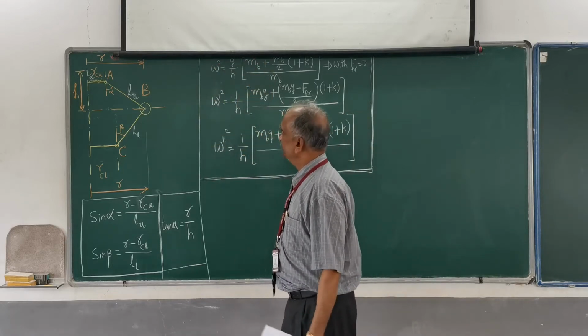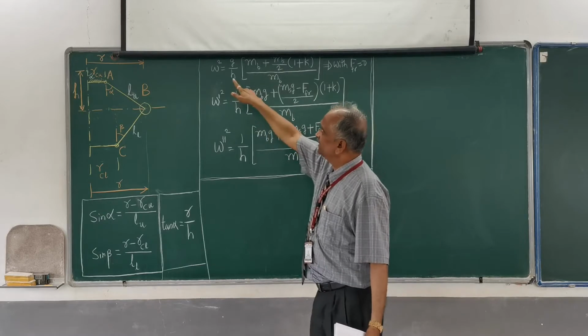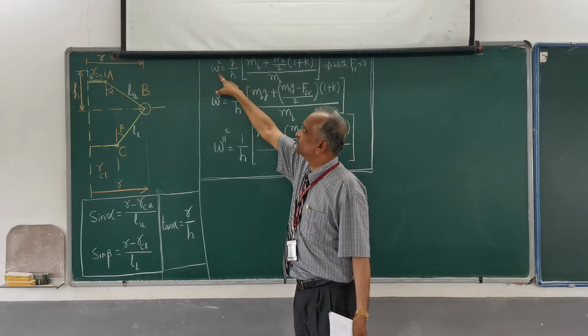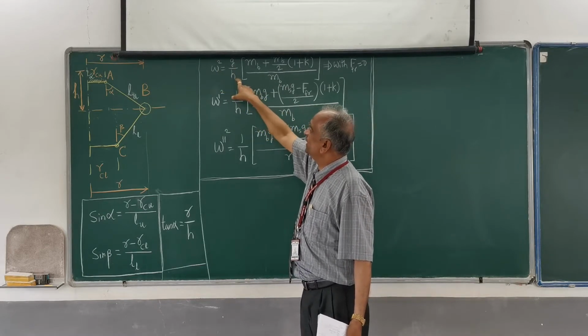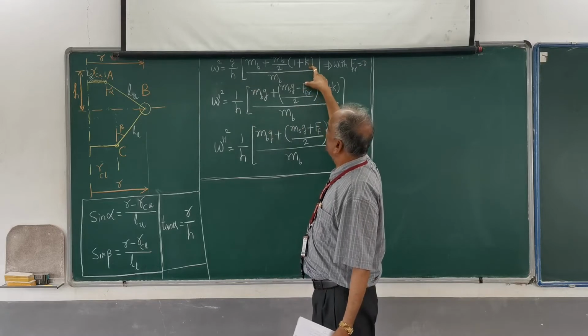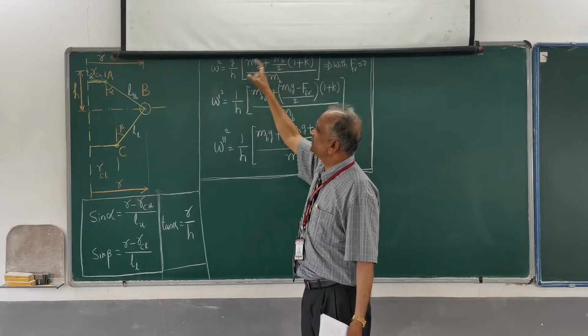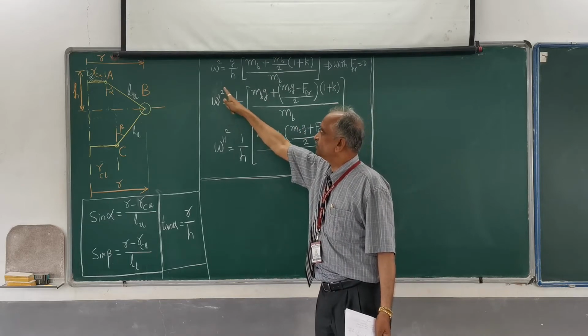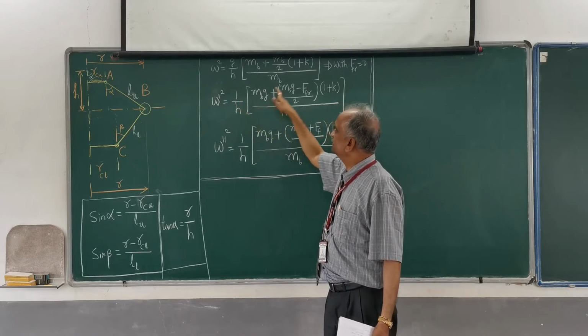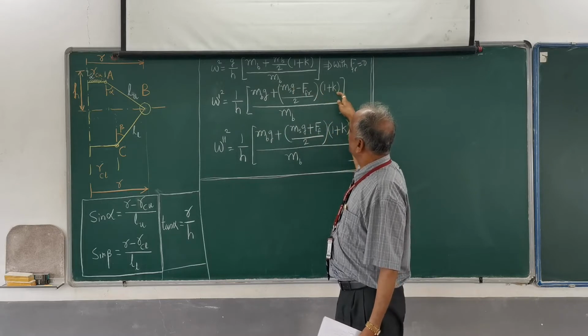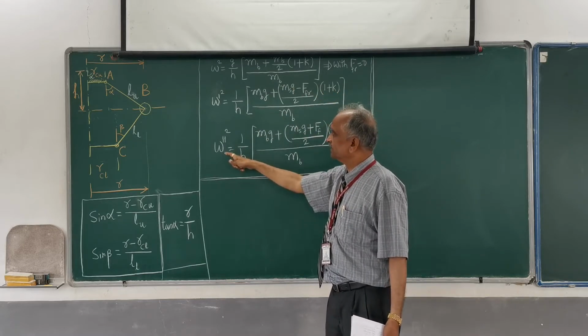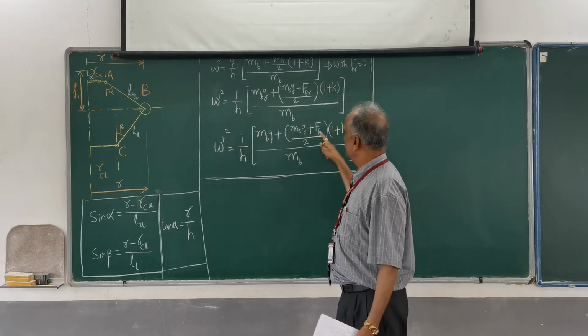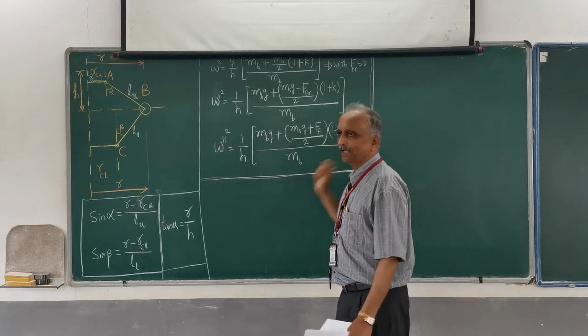Similarly, for the topmost position, omega becomes omega max square, which is g upon h max times 1 plus k max. All other things will remain the same. Then similarly omega max dash square has 1 upon h max and k max, and omega max double dash square again has h max and k max.